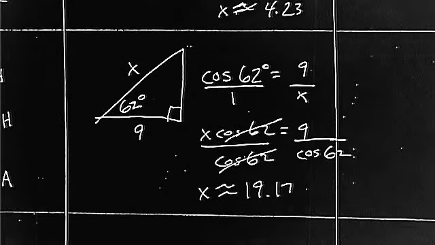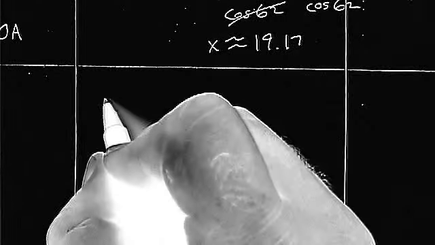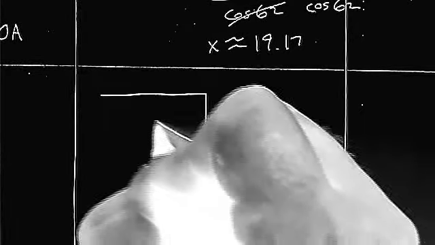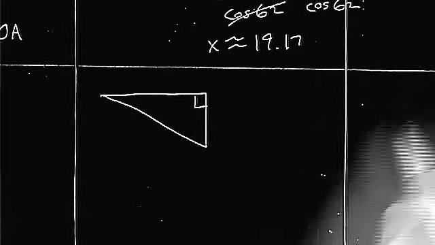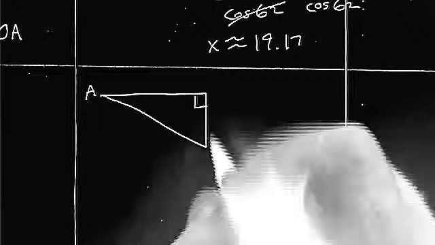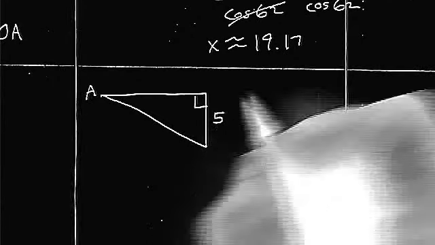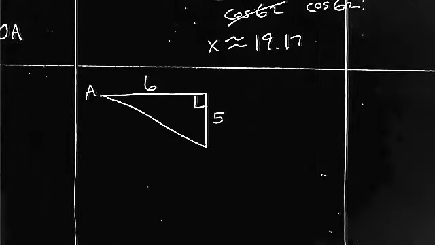We can also use these trig functions to find angles. Suppose I have a right triangle and I'm trying to find an angle. We'll call this angle A. And we have a 5 and we have a 6.